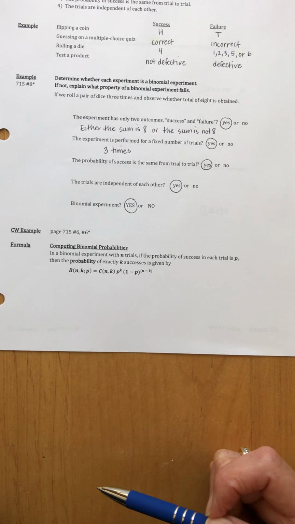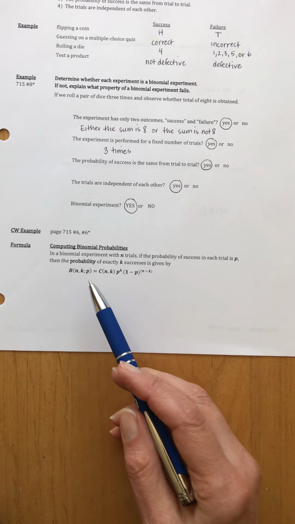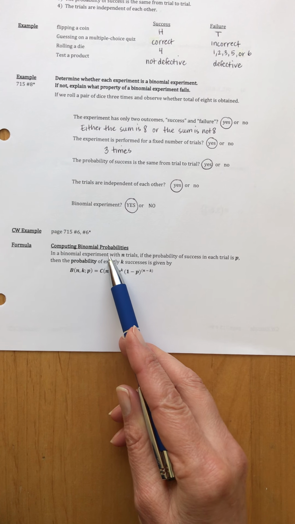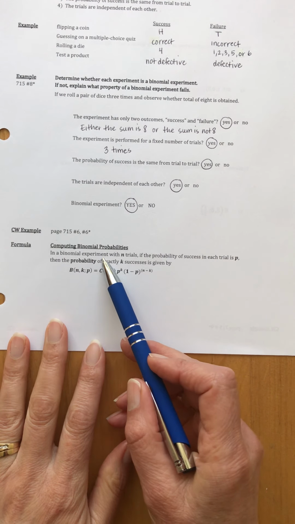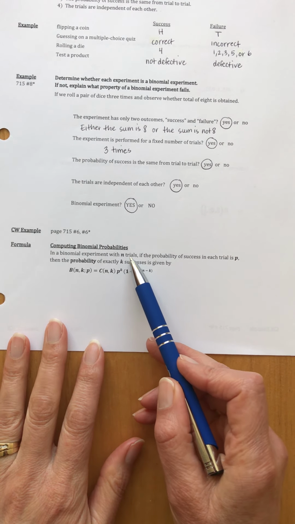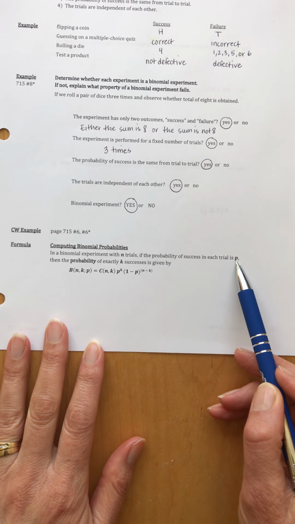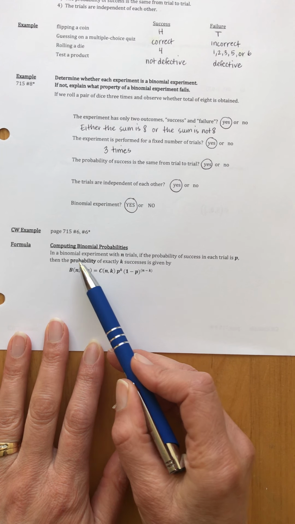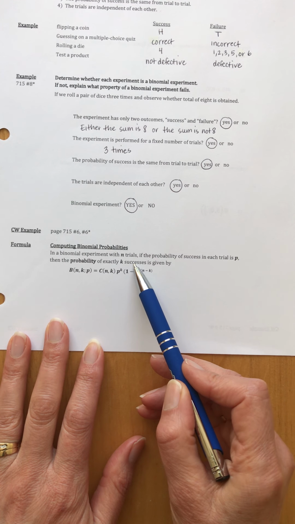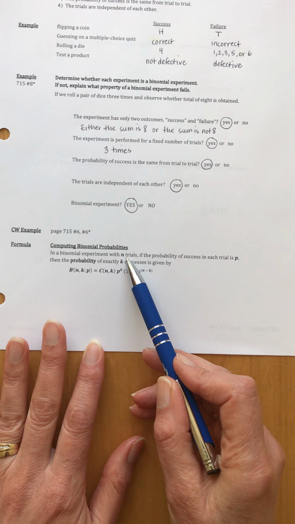All right, hopefully you located everything, and we're going to talk about computing binomial probabilities. In a binomial experiment with n trials, so that means you've done the experiment a certain number of times, the probability of success is represented by this little p. Then the probability of exactly k successes is given by the following.